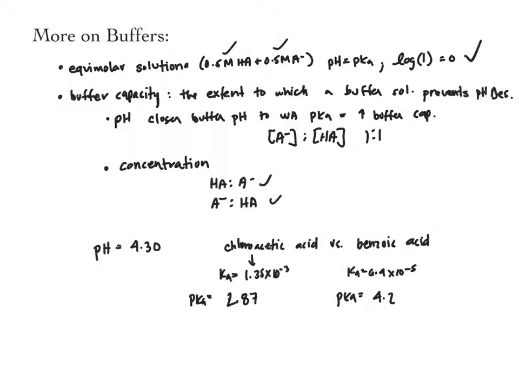And of course, if we were comparing two equivalent solutions with respect to their pH, we would then look at the concentration values. And if we have more of our conjugate base and acid pairing, there's going to be more buffer capacity in that specific solution.